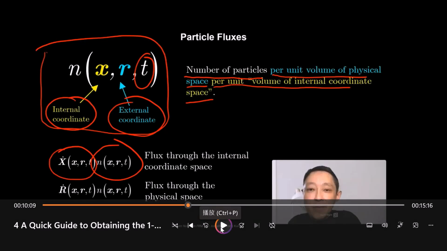How many of you know the chemical master equation? No? Okay. Let me show you this.